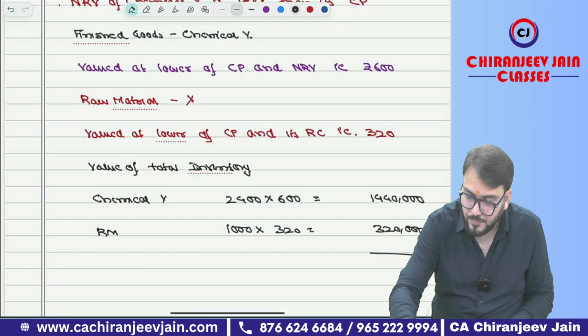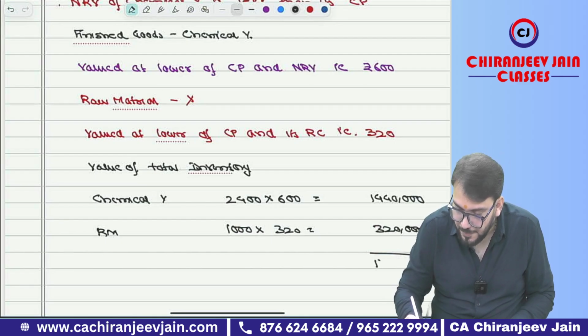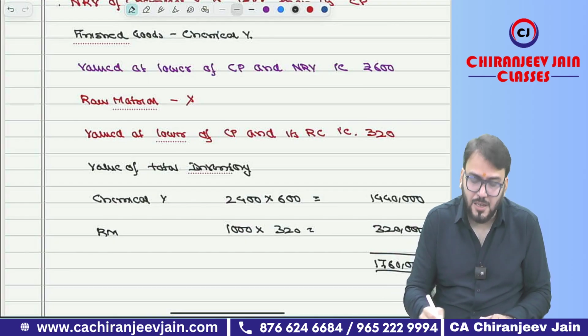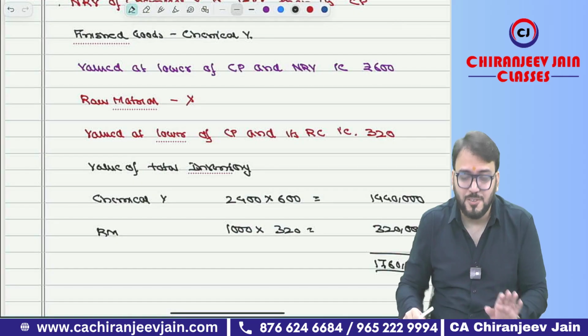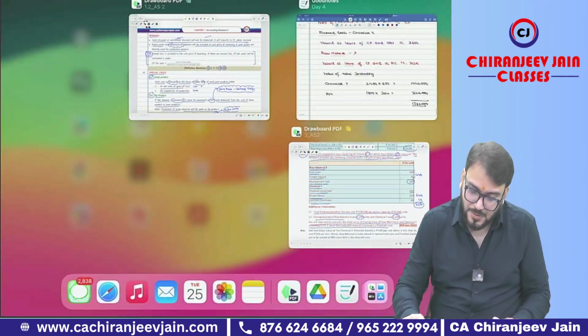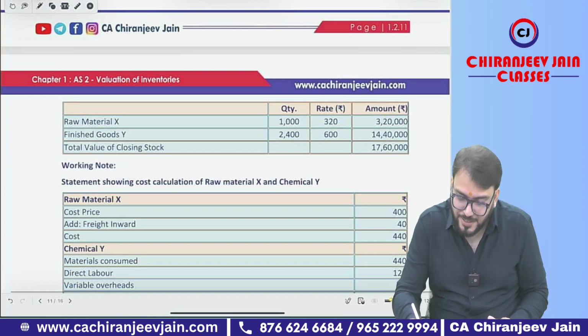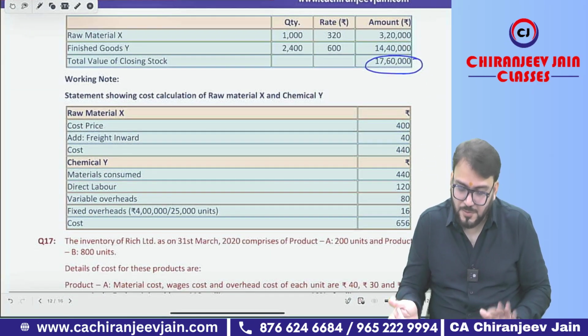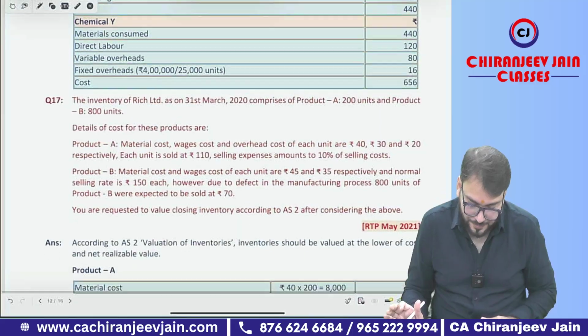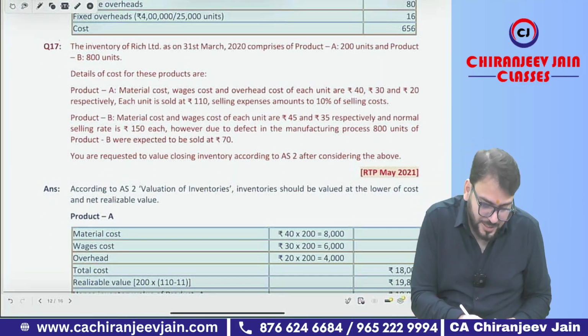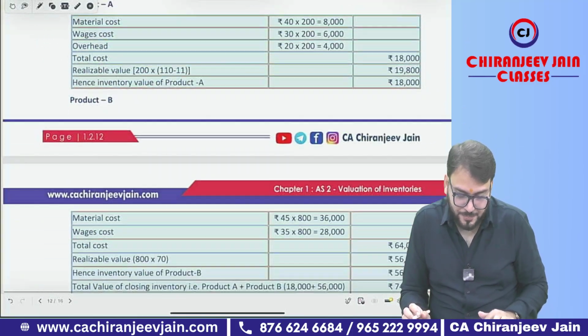Total, that is 17 lakh 60,000. Just give a working note for the cost price of finished goods and cost price of raw material, that you can do. This is the answer. Check: 17 lakh 60,000. Very simple. My help is not required.